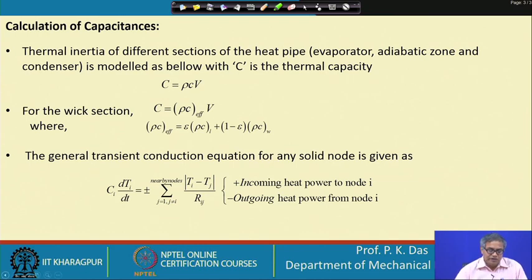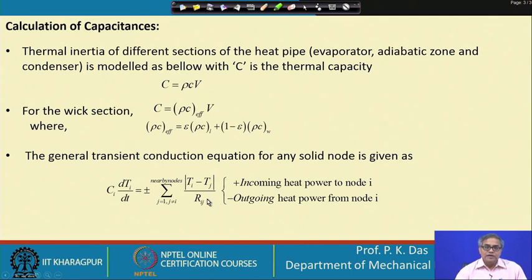The general transient conduction equation for any solid node is given by this particular formula. This is the capacitance, this is the temperature of the node, small t is the time, this is the resistance of the element between two nodes i and j, and again T_i, T_j are the temperatures.